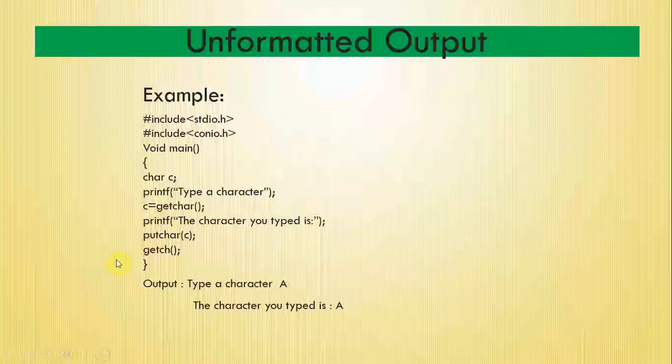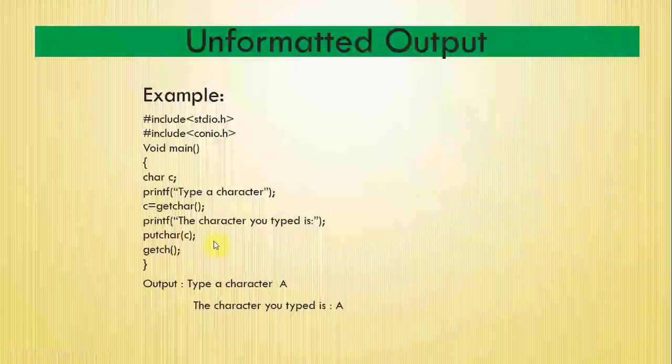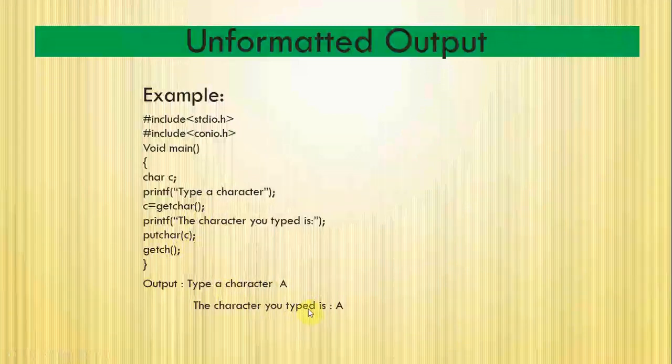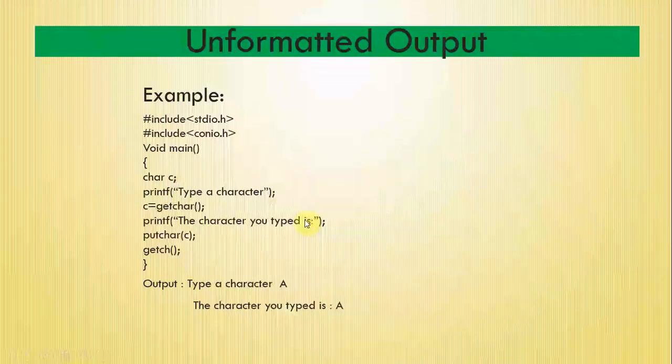And putchar(c): whatever character is stored in c will be displayed by putchar. So suppose you press A, then A will be stored in c, and with the help of the putchar function it will display the message: the character you typed is A. Suppose you press B, then it will print B.